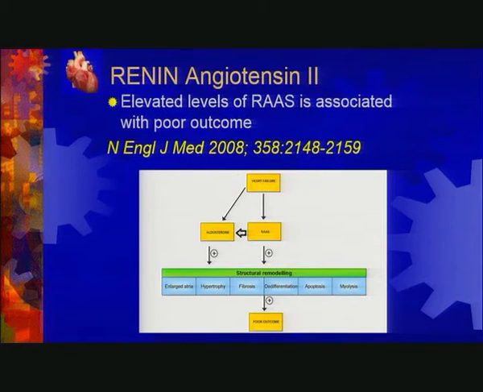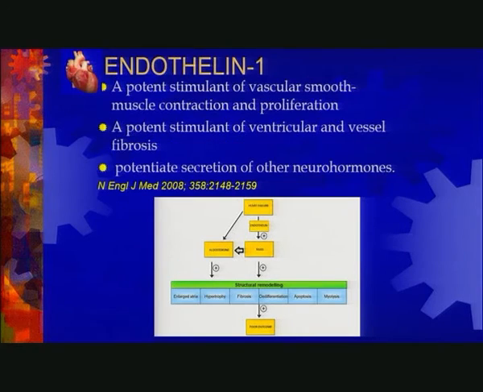All these stimulate the system and lead to upregulation, and the renin-angiotensin system is again associated with remodeling, causing hypertrophy, fibrosis, and rhabdomyolysis, meaning loss of cardiomyocytes, and worsening the situation of heart failure. That's why they found that increased stimulation of the renin-angiotensin system is associated with poor outcome in heart failure.